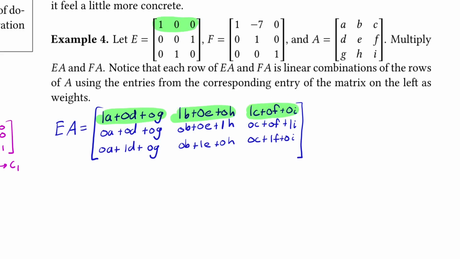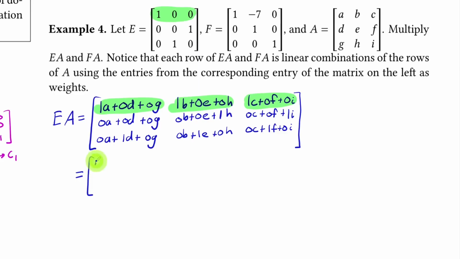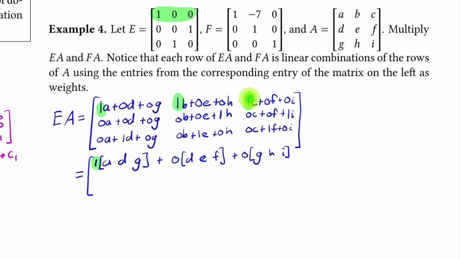row here you could write as the sum of 3 different rows. I could write this as 1 times the row ADG plus 0 times the row DEF plus 0 times the row GHI, right? So like this 1 comes from here, here, and here. This 0 comes from here, here, and here.